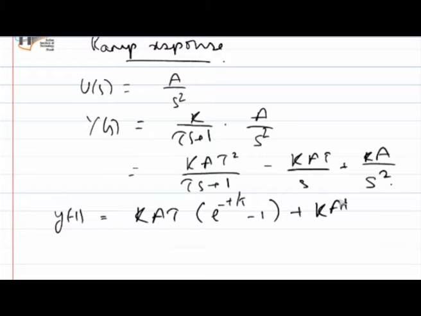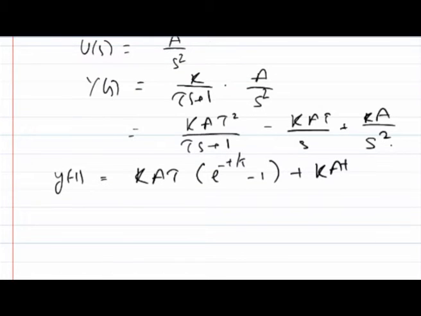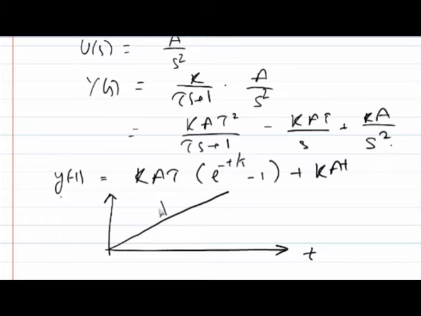Okay. So if I draw this, this is t. And this is my ramp signal.